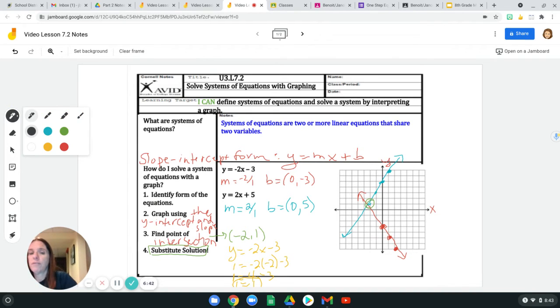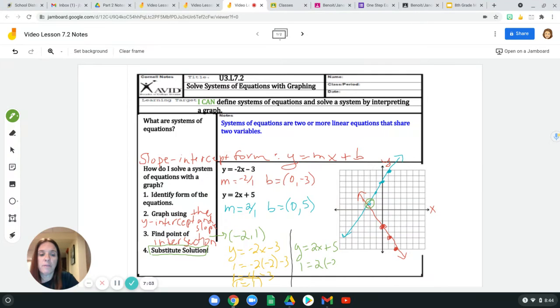Let's see if it works in the second one. We're going to substitute -2, 1 into y equals 2x plus 5. So again, y will be 1. I'm just taking the ordered pair and substituting in for x and y. And then 2 times -2 plus 5.